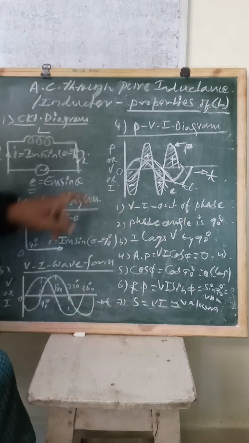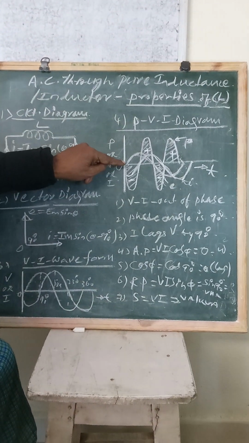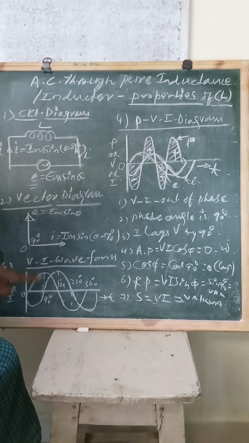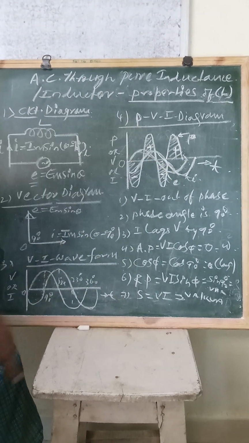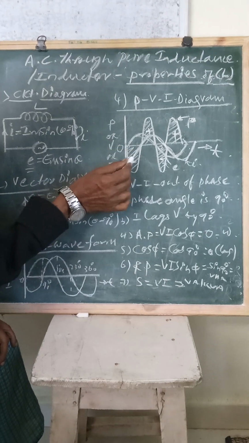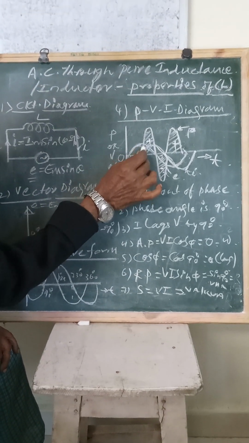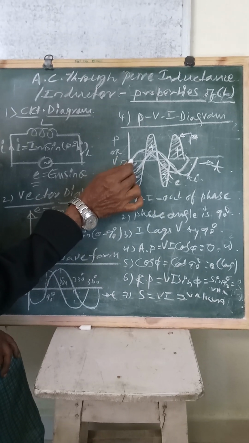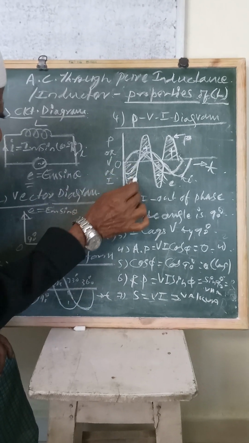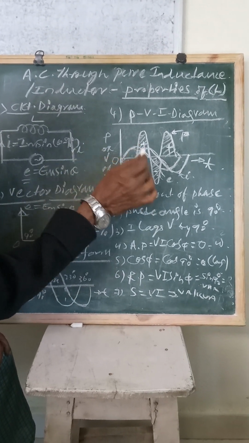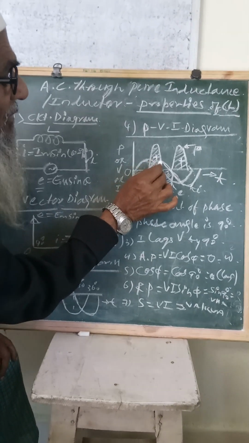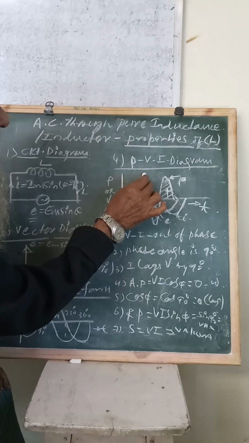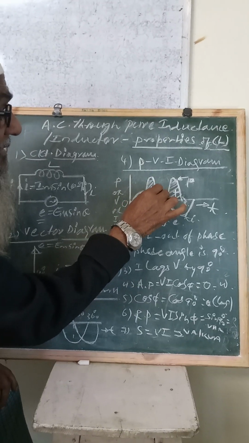You can see the voltage waveform which is shown here. The current waveform, the same here, is taken through the 90 degree. Then you can see a quarter pulse of the voltage waveform and a quarter pulse of the current waveform will give you the negative power pulse. Similarly, here two positive quarter pulses of the voltage and current, if they are multiplied together, you will get the positive pulse.